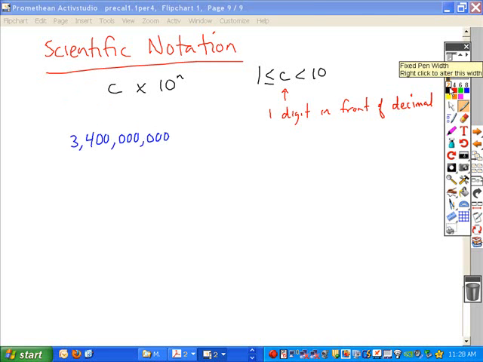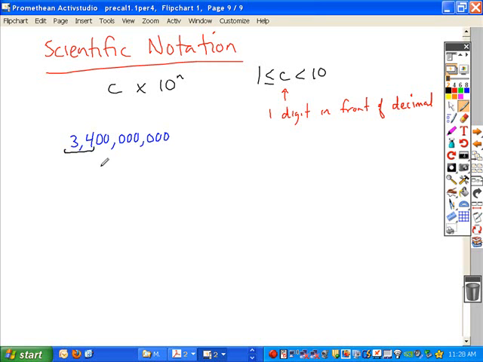The way that it does is you take all the digits that fall either before or after the zeros. So here we have these two digits, 3 and 4. You're going to place the decimal after the first digit. That guarantees it fits this restriction of one digit in front of the decimal. And then you're going to look to see, by powers of 10, how many decimal places you have to move this in order to represent the original number.